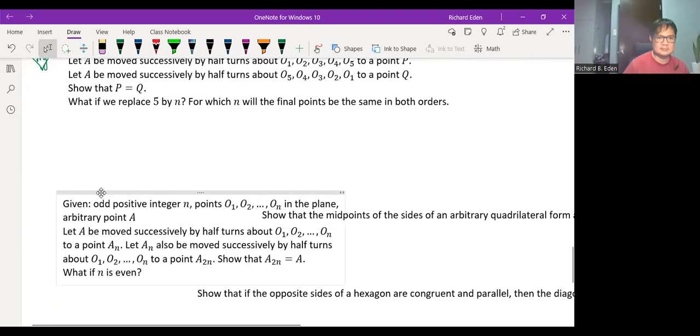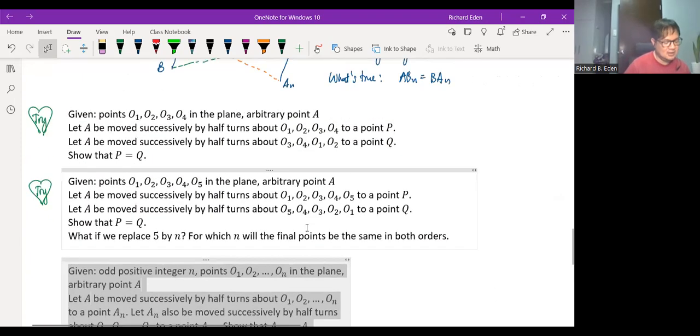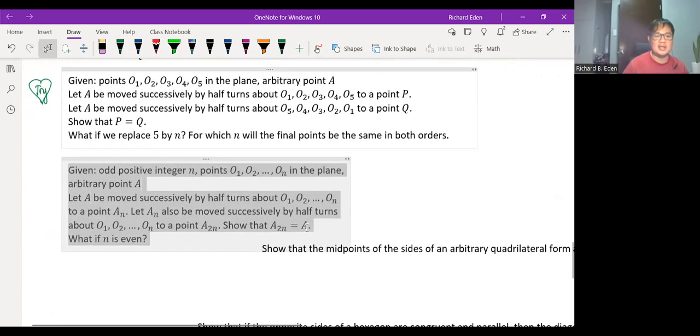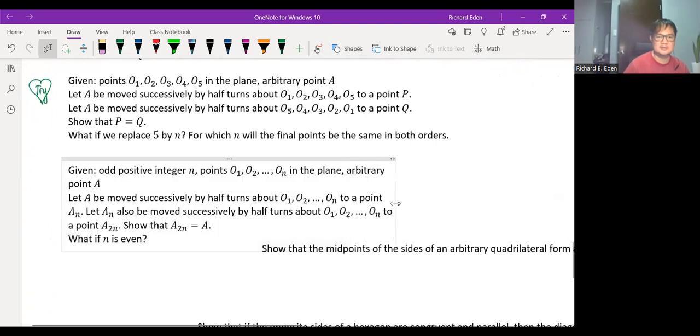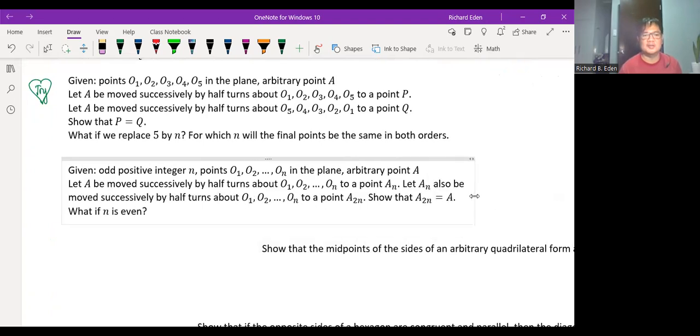I got confused because the problems got mixed up. Oh wait, actually, yes. Oh wait, this is the one. Okay, let's work on this.